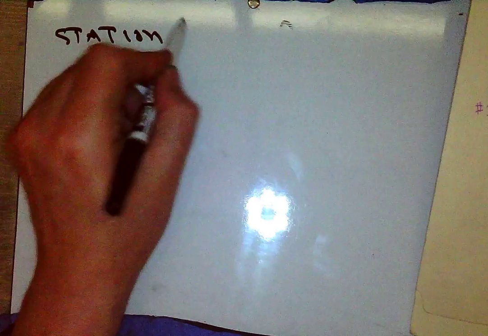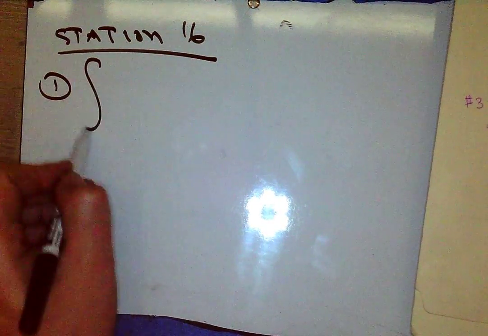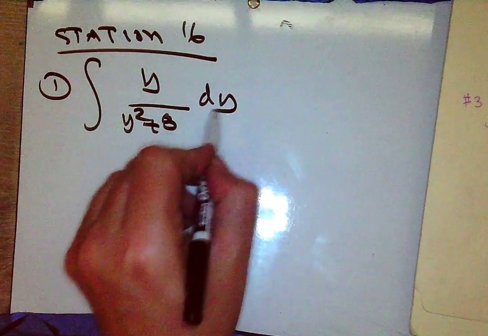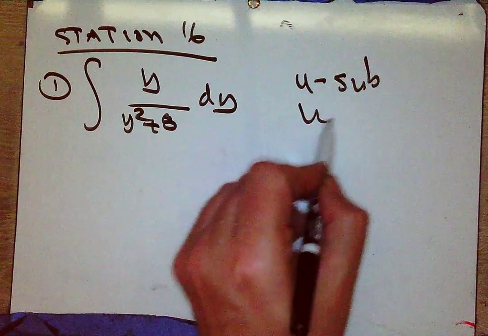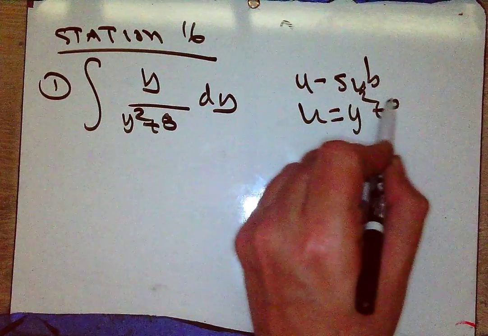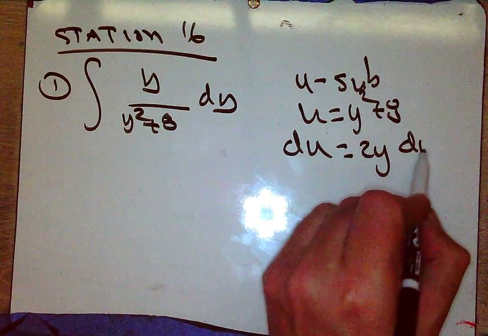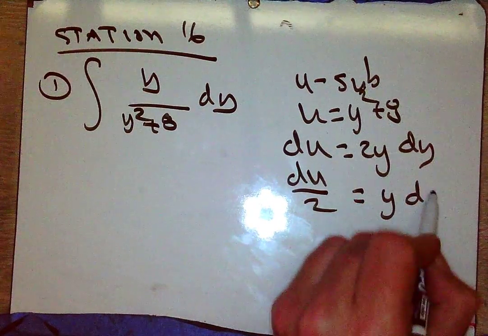Okay, there's station 15. Station 16. Wow, so many things look alike. Number 1, the integral of y over y squared plus 8 dy. Now, this is a u sub, where u equals y squared plus 8. And so du will be 2y dy. More du over 2 is y dy.